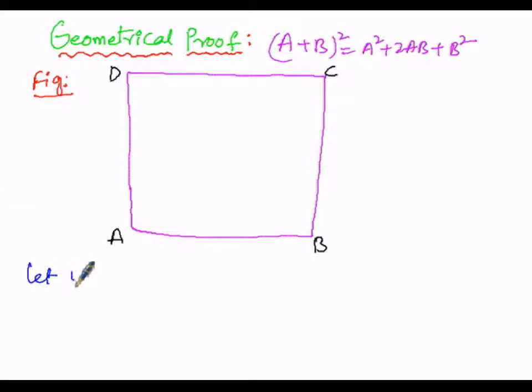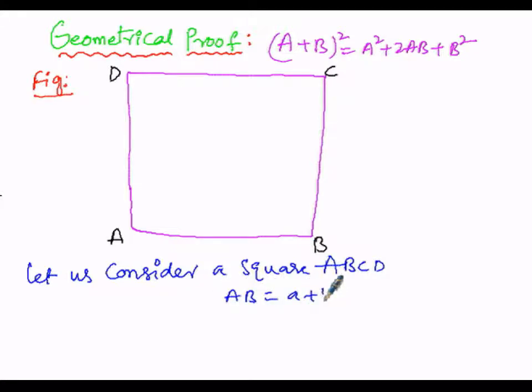Let us consider a square ABCD in which side AB is a plus b, and similarly side AD is also a plus b.